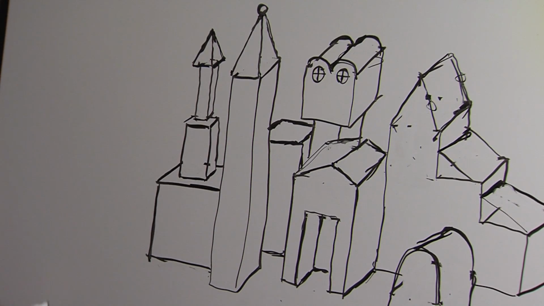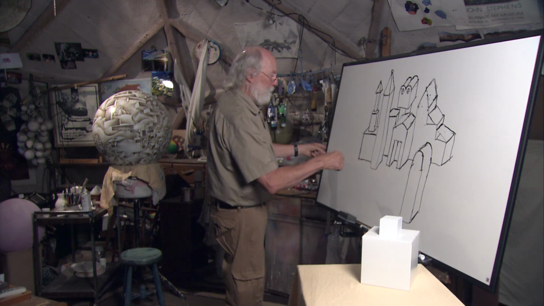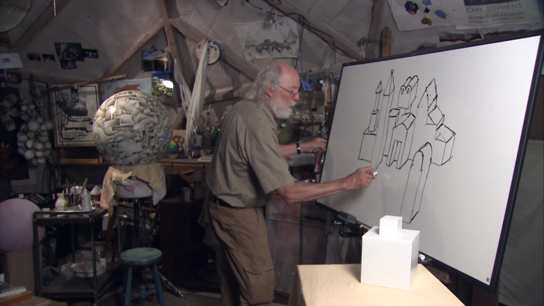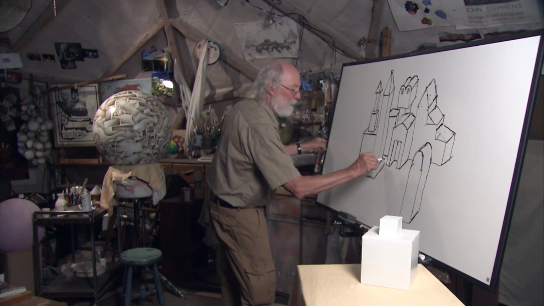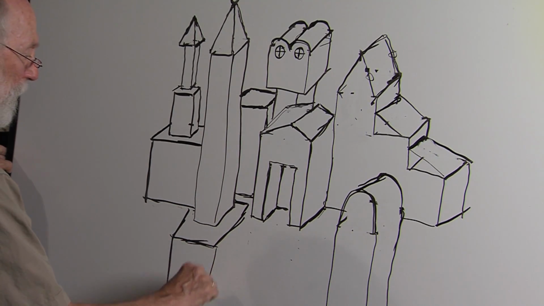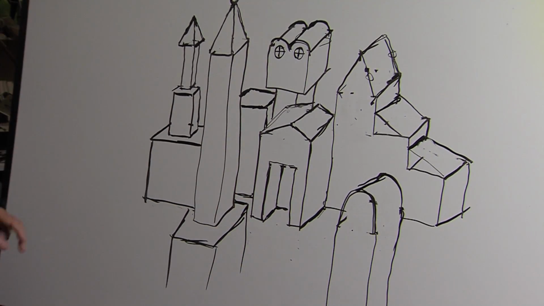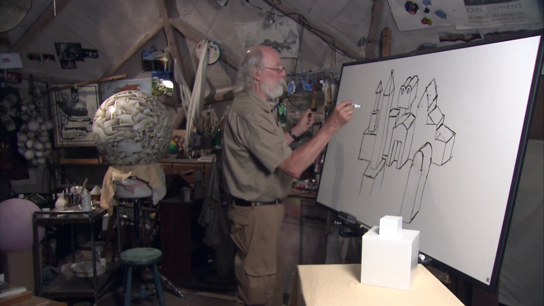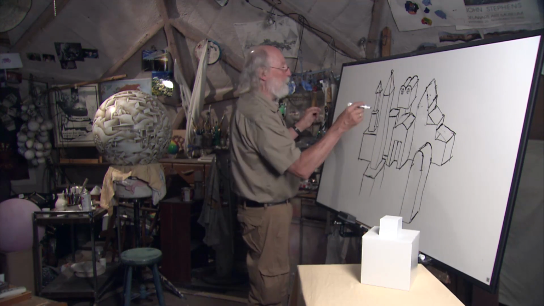And let's see, what else can we do? We could put this on top of another cube here. We could stack it on a cube. Maybe that runs right off the bottom of the page. Now, the details are what makes it unique too.